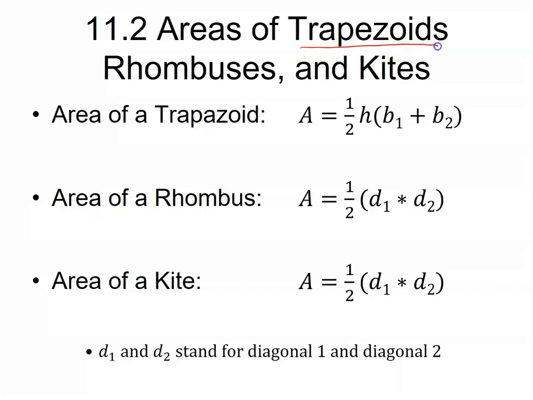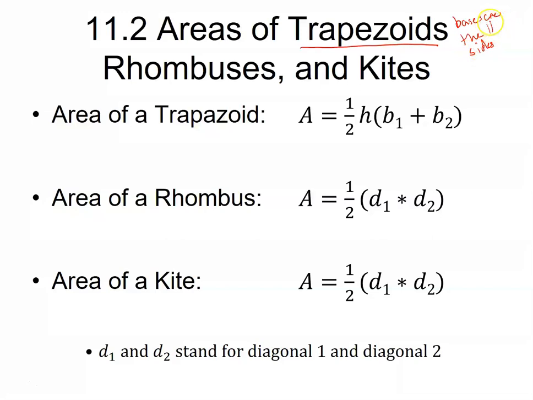Trapezoid means has exactly one pair of parallel sides. And the important thing to remember with these is the pair of parallel sides is what we call the bases. So the bases are the parallel sides.